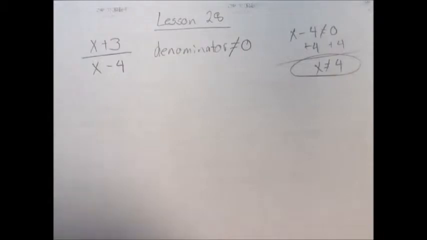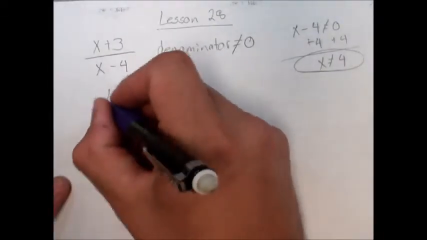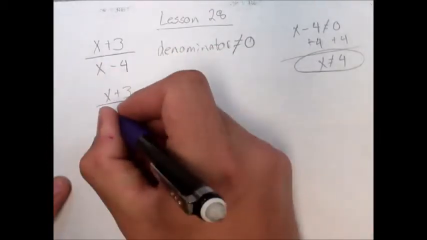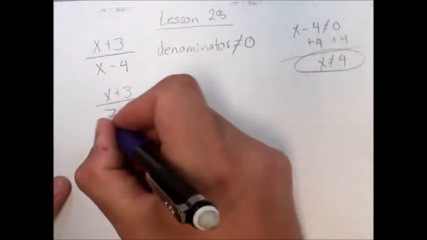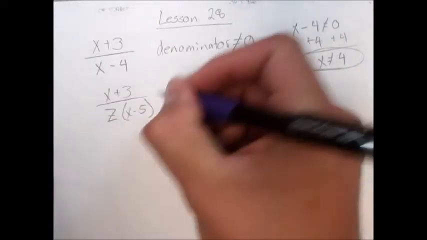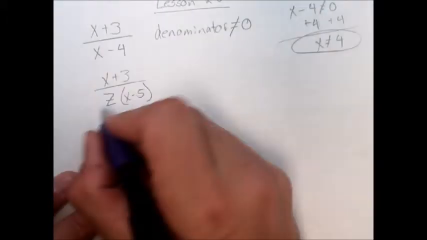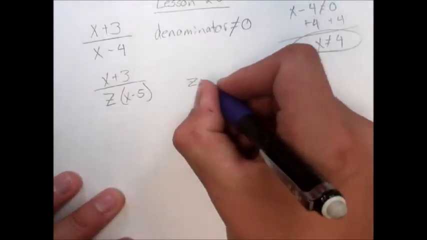Moving from that, if I get something that looks like x plus 3 over z multiplied by x minus 5, I would do anything that could make the denominator equal to 0. The first thing is if z was equal to 0, so z cannot equal 0.